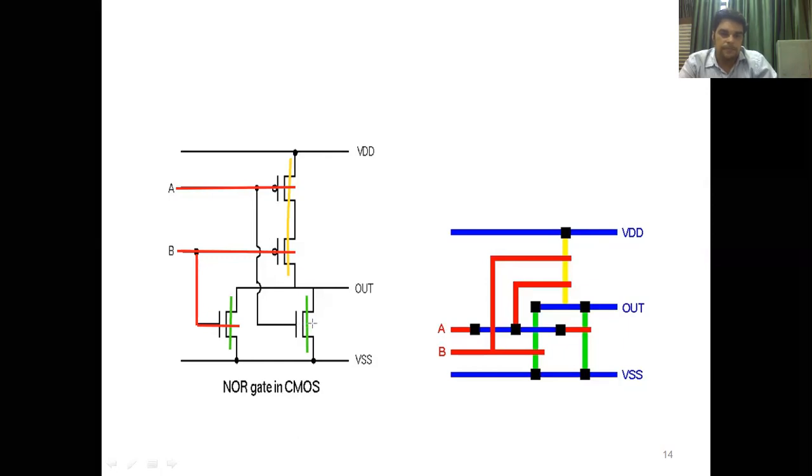Again from here I am representing the polysilicon gate here. But I cannot cross here, I cannot connect these, so that's why I will have to use the metal wire. So by this type you can draw the structure. So this is the stick diagram.